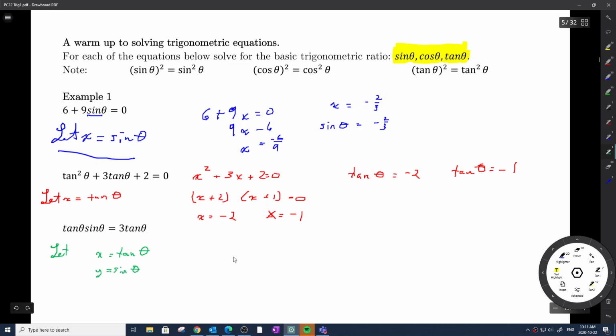So what do I have? Tan times sine, I would have xy is equal to 3x. So I can't divide both sides by x here, right?